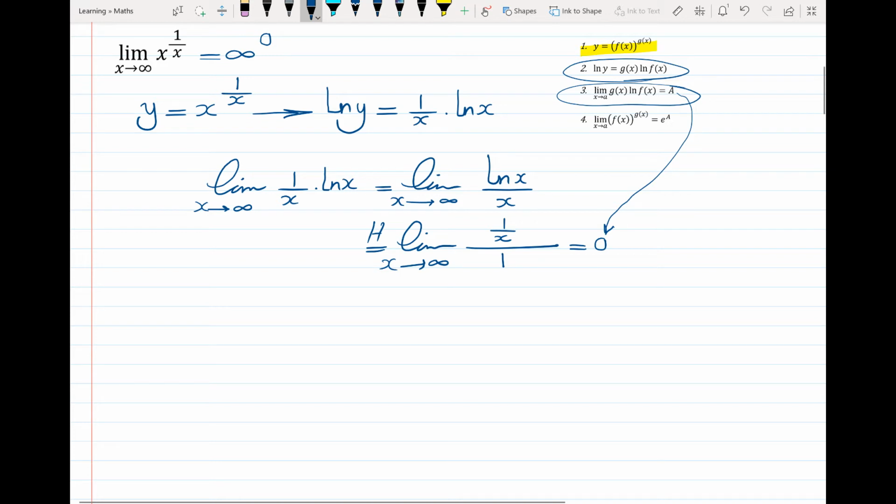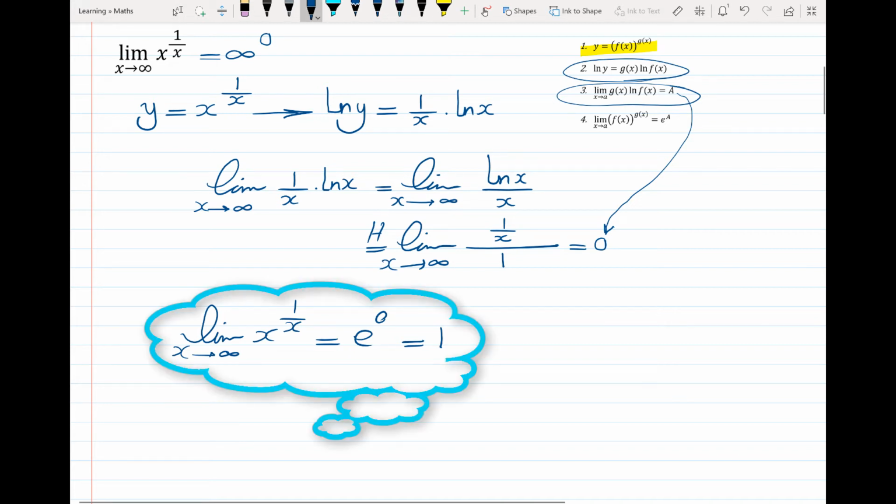And because a is 0, limit as x approaches infinity of x to the power of 1 over x equals e to the power of 0. e to the a, which in this case is e to the 0. And we know that any number to the 0 is 1. So limit of x to the power of 1 over x when x approaches infinity equals 1.